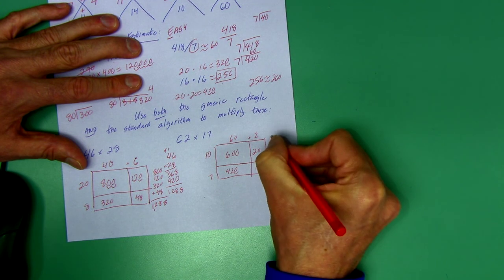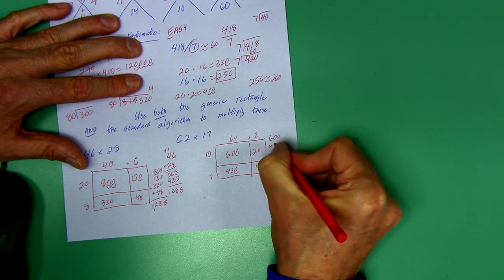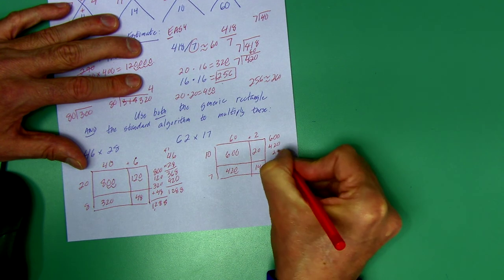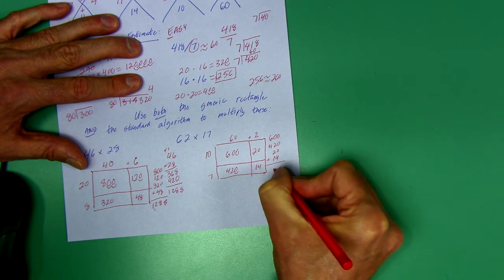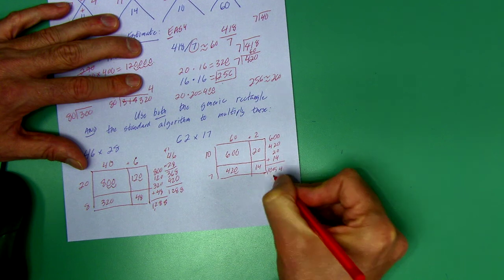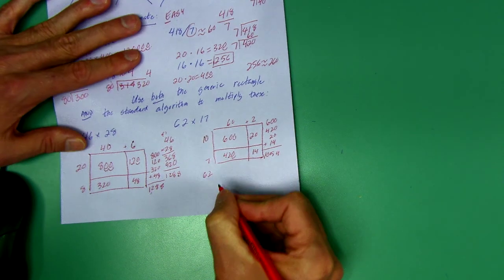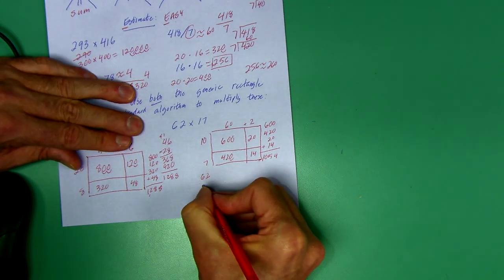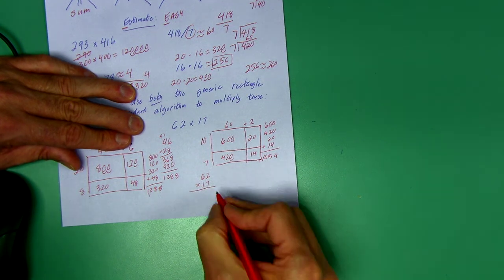Let's go put all these numbers stacked, write them vertically is what you say, and add them. 1,054, and let's check our answer. 62 times 17. I'm saying 7 times 2 is 14.